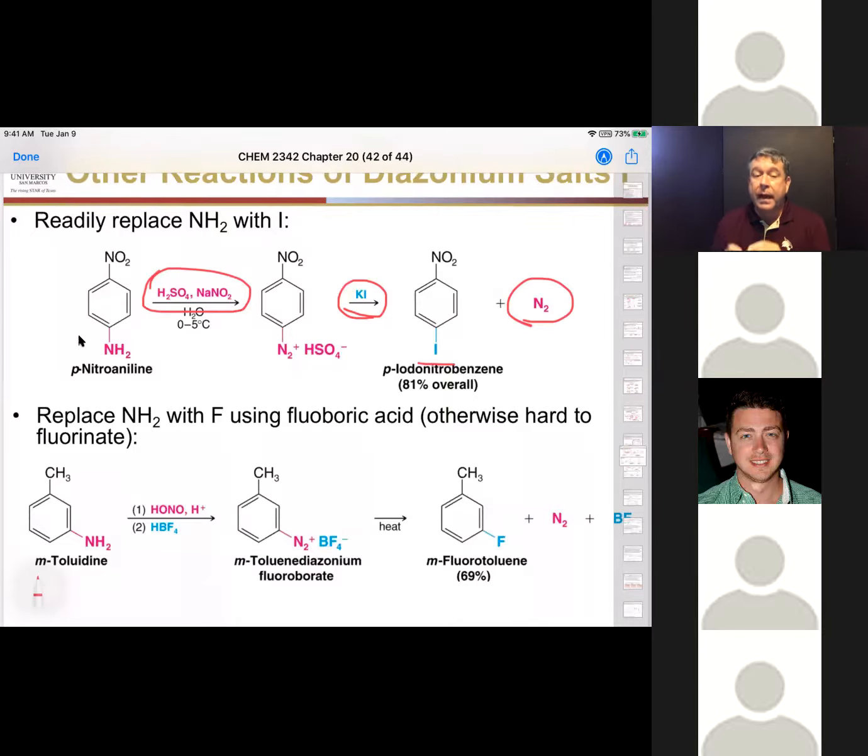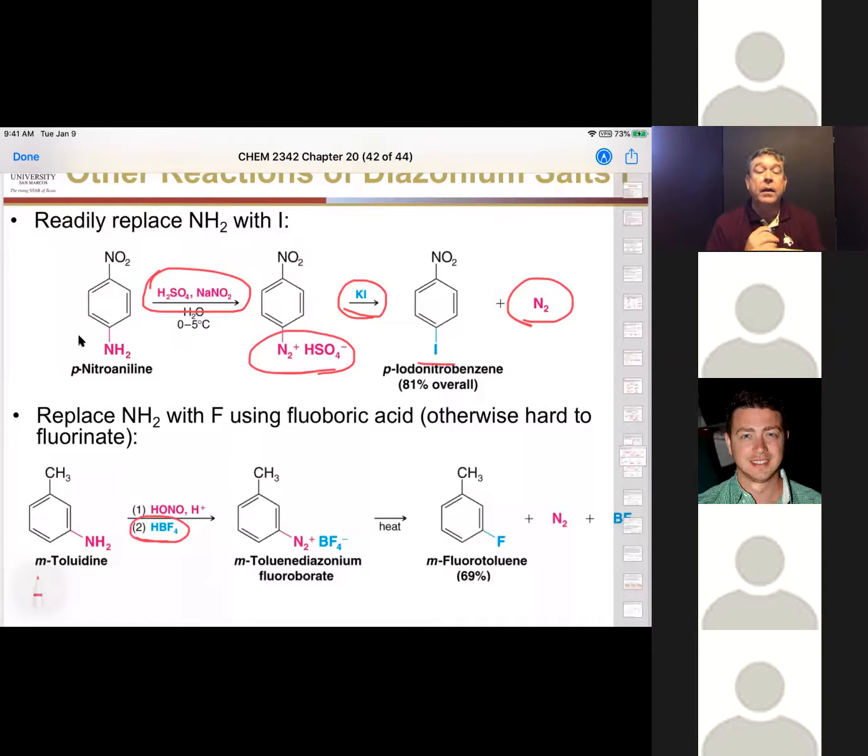fluoroboric acid to make our salt. So instead of having, like in the case here, the sulfate salt or the chloro salt if we used HCl, we actually use the fluoroborate, hydrogen fluoroborate, to create the salt.